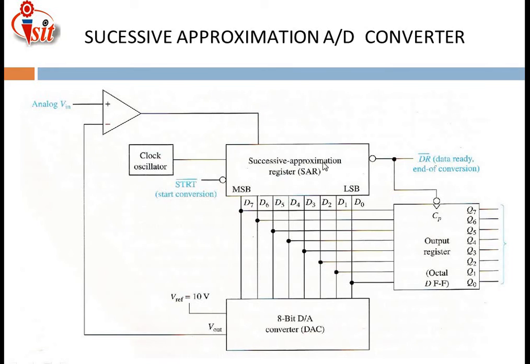Along with that, the successive approximation register, that is SAR, is connected towards the output register having the nodes D0 to D7, and each and every single node is connected towards that output register, and it gives the output from Q0 to Q7. That means an 8-bit output is generated by the successive approximation, and it is a parallel-like structure. For that purpose, it is called a successive approximation A to D converter.